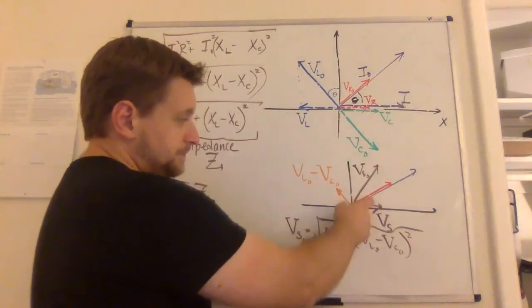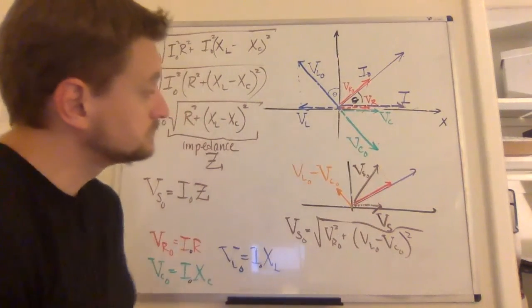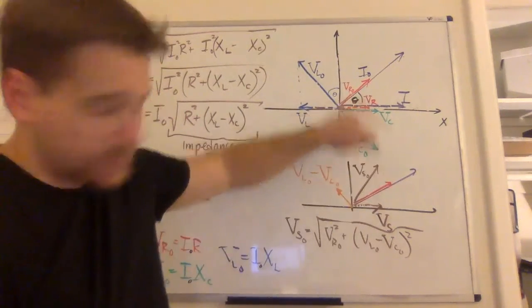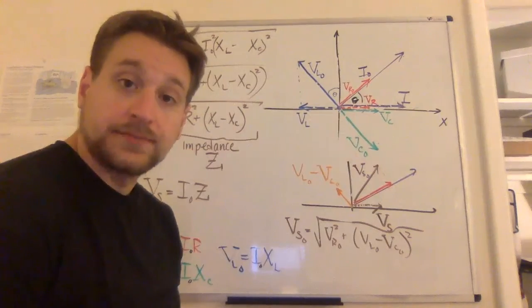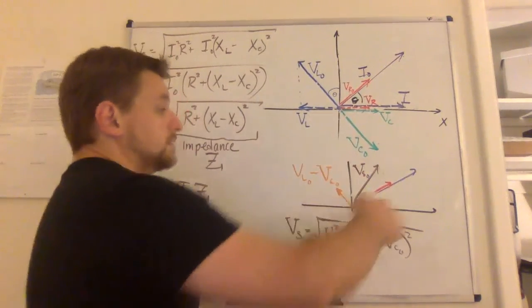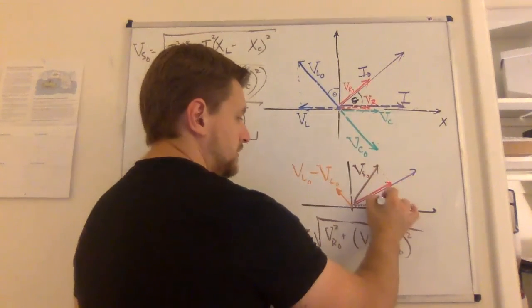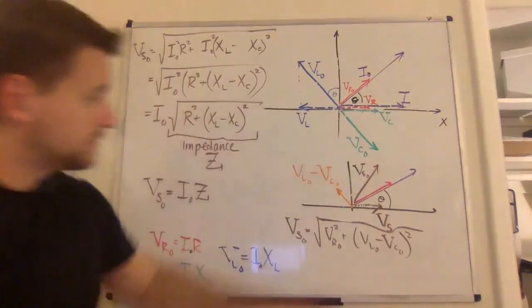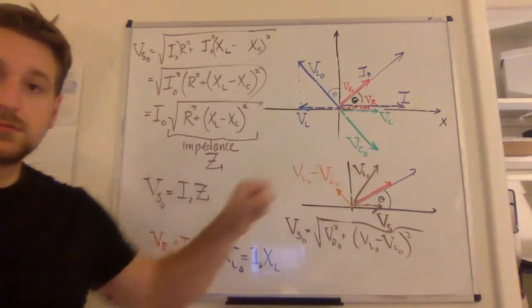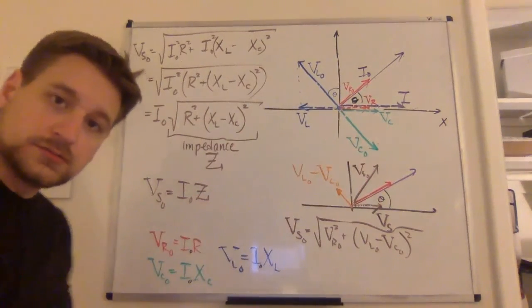In this diagram, we had rotated things through to an angle theta. Purple and red make an angle theta with the horizontal. The source phasor is at a different angle, generally.